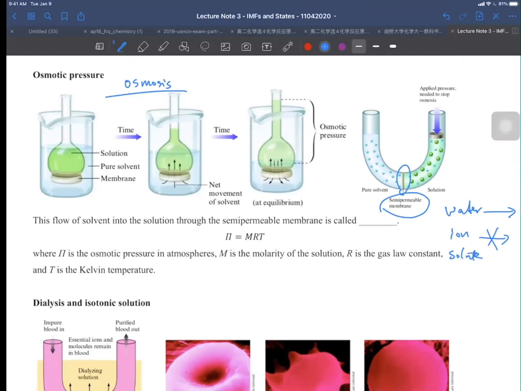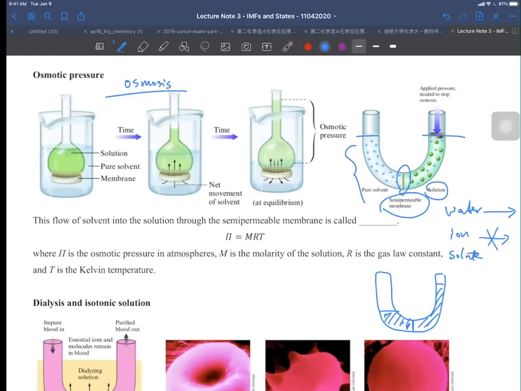If we add some pure solvent, or just water, on the left side and some solution on the right side, keeping the original height the same, then after a while the result will be like this. The water side will be lower and the solution side will be higher.